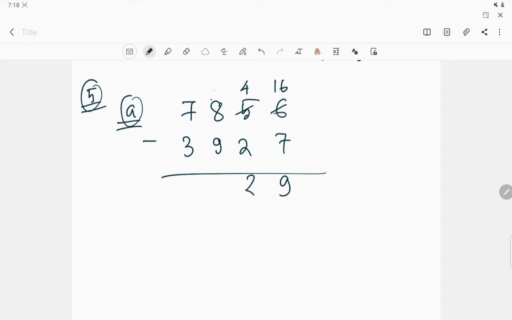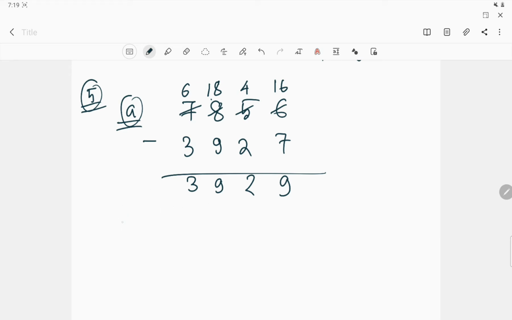So it will be 18 and cut down, it will be 6. So 18 minus 9 is 9, and 6 minus 3 is 3. So the answer will be 3929. Now you have to check your answer.